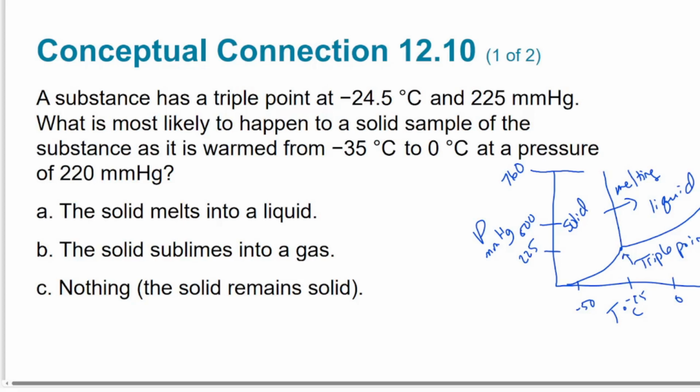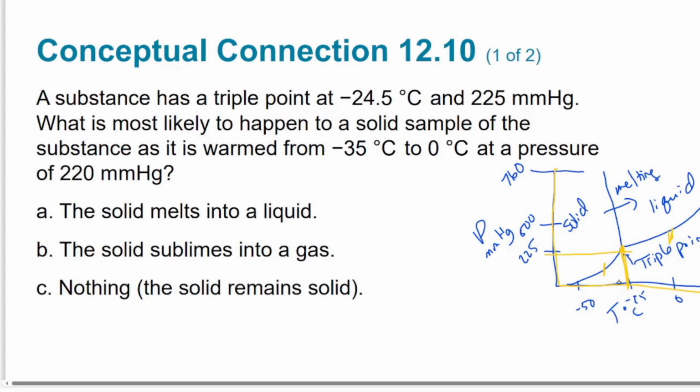So I kind of sketched out a phase diagram here for this theoretical substance, and we see that it has a triple point at negative 24.5 degrees C, or about negative 25 degrees C, and 225 millimeters of mercury. Okay, and so what's most likely to happen to a solid sample as it's warmed from, let's say, negative 35 to 0?